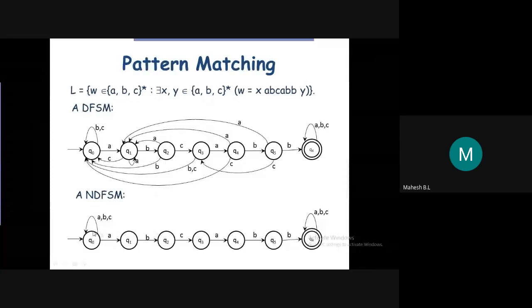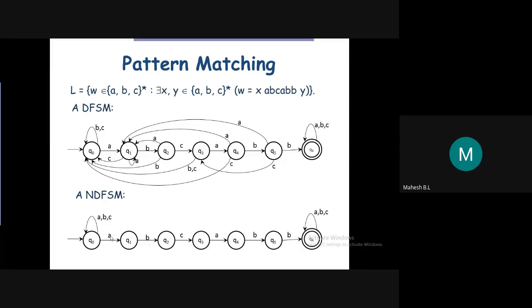In this example, from state Q0 on symbol A, you have two possible moves. You can select one of these two to process the input string. There must be at least one path where your string gets accepted, then the string belongs to the language. If there is no path where the string gets accepted, then the string gets rejected.